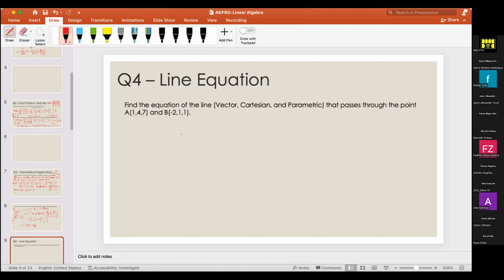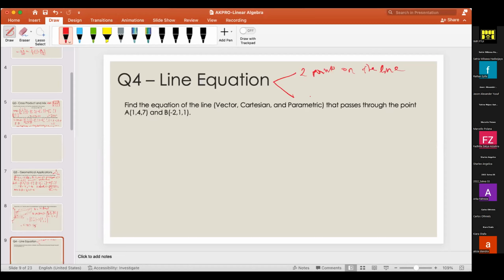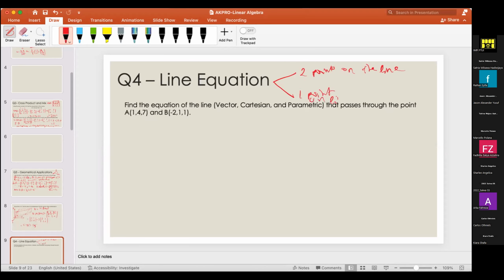Next, another important part of this chapter is to find the equation of lines. In order to find the equation of a line, we can have two different scenarios. The first one, we have 2 points on the line, or we have 1 point on the line and one vector.